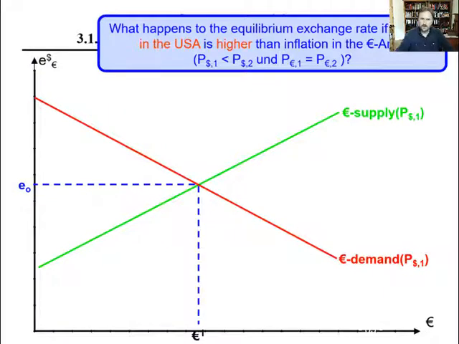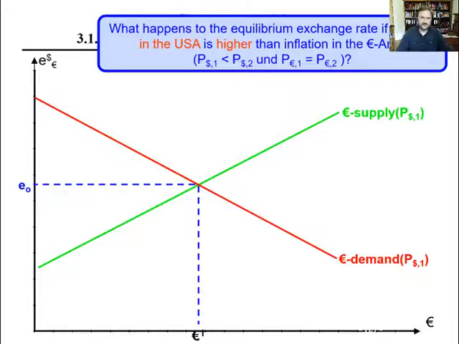What happens now to the equilibrium exchange rate if inflation in the United States is higher than inflation in the euro area? Prices for goods do not appear on the y-axis, hence they are shift parameters.